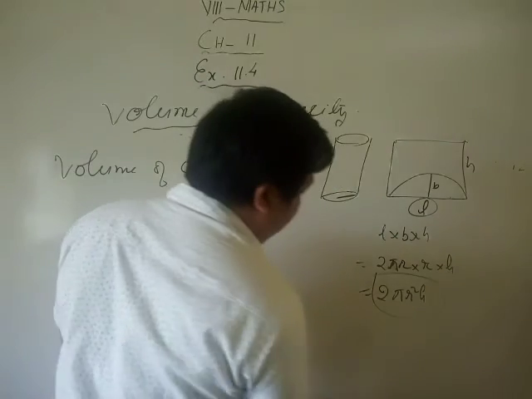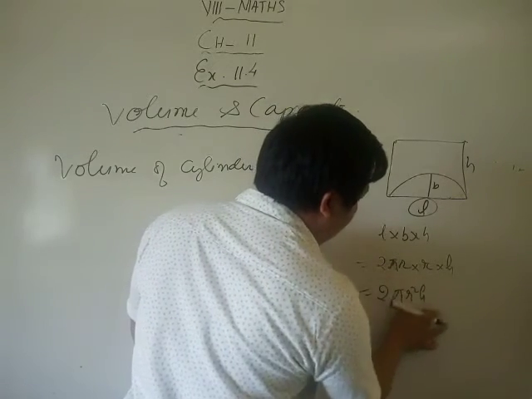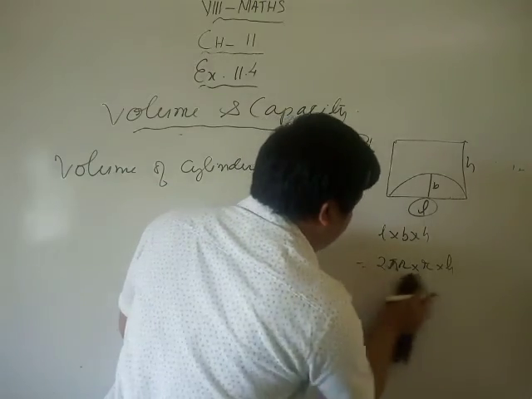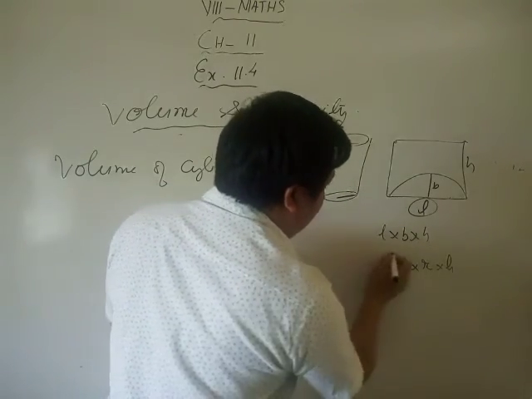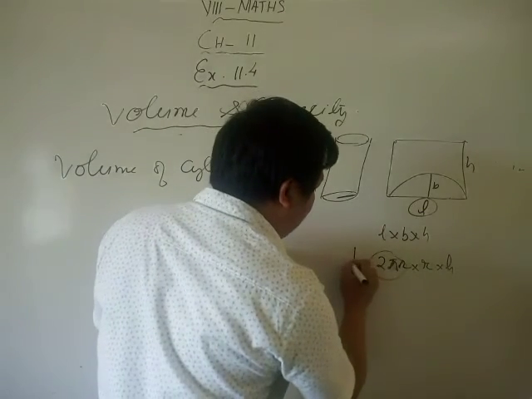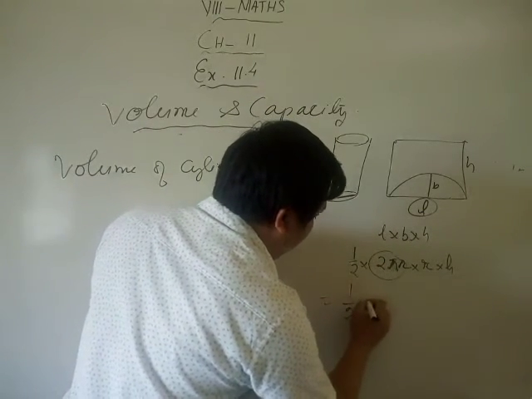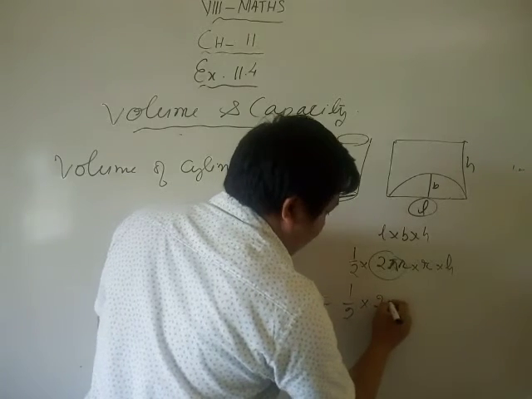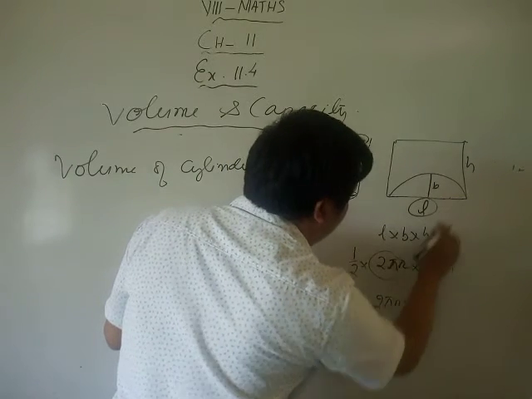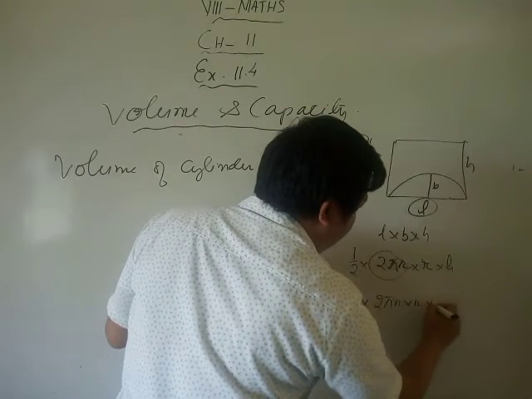My dear student, one more thing to share: see, this is half of the circumference, isn't it? So that means one half into the circumference, 2 pi r, into r, into h.